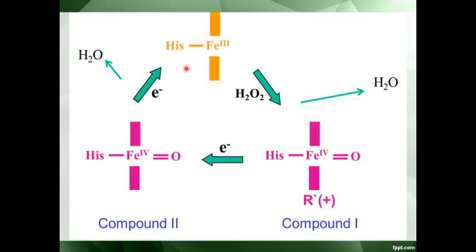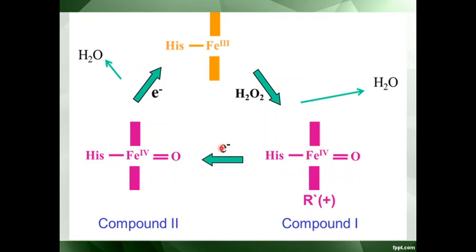Here we can see iron is present in the ferric state. The hydrogen peroxide is decomposed into water, and the iron is converted into the ferryl state. In this way, one electron is transferred to the water, and the other resides on the iron.